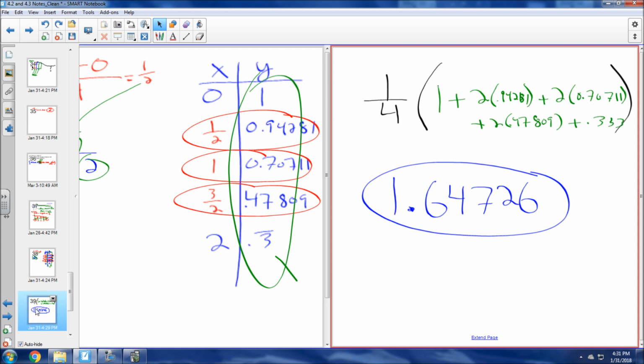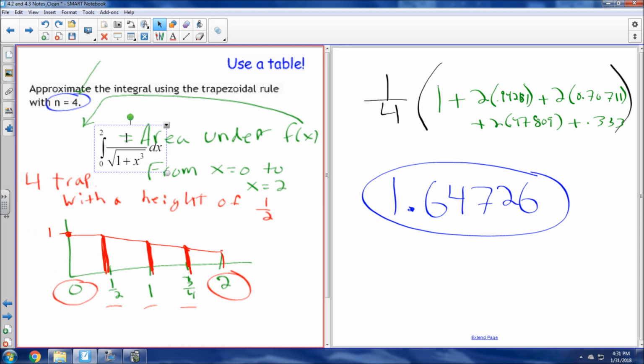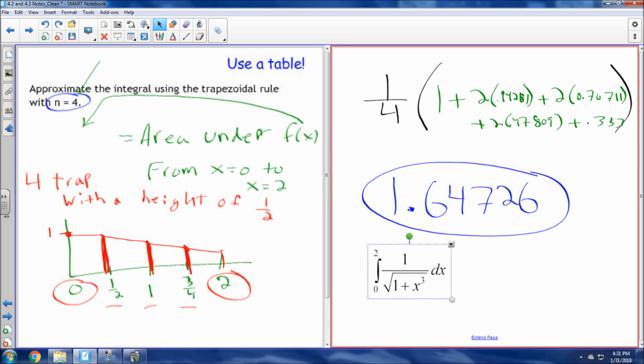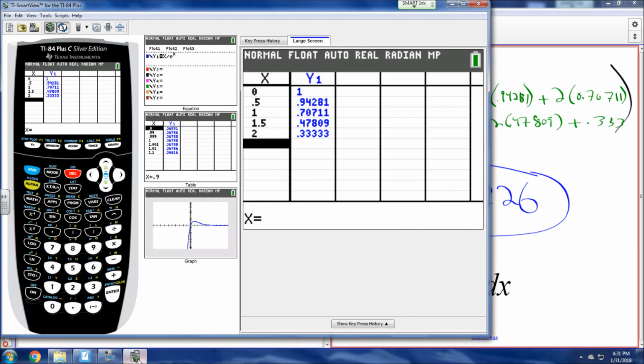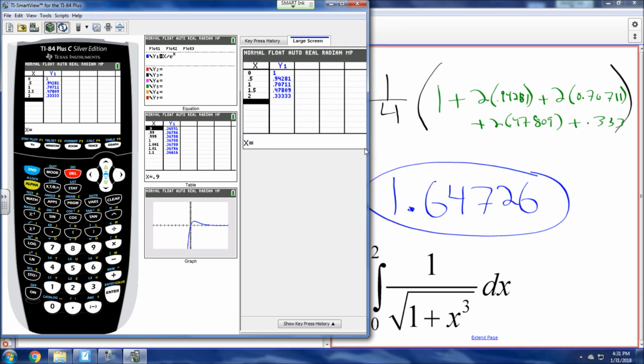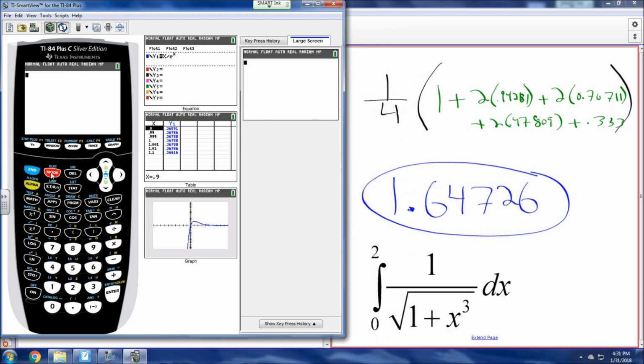So what I'm going to do is I'm actually going to take this right here, this integral. I'm going to figure out what the actual answer is for that. So let's just grab the calculator. This isn't something you need to know how to do right yet, but probably not a terrible thing for you to see. You can go to Math 9, and that will let you take the integral of something.